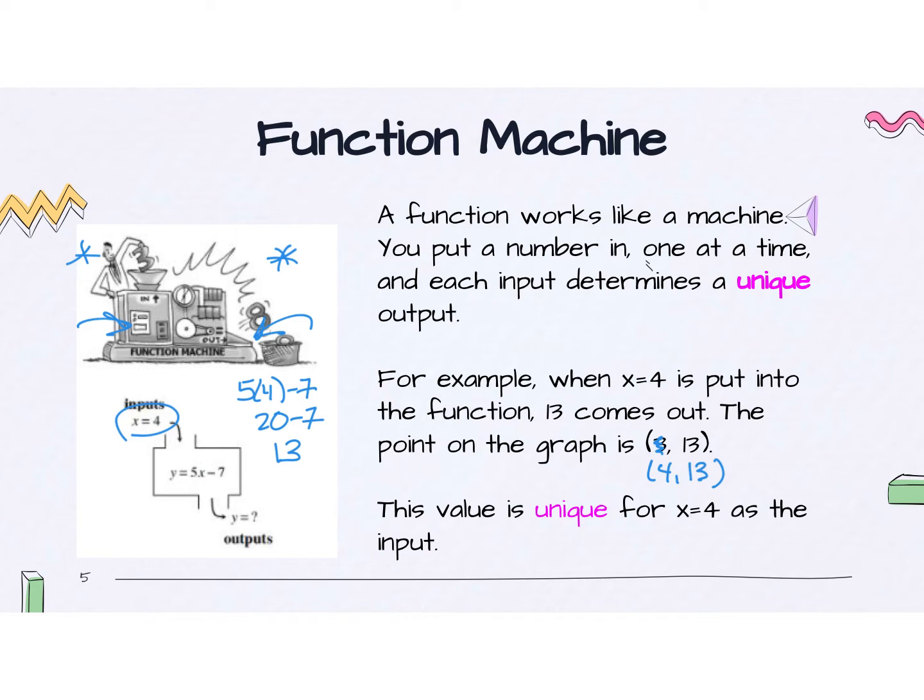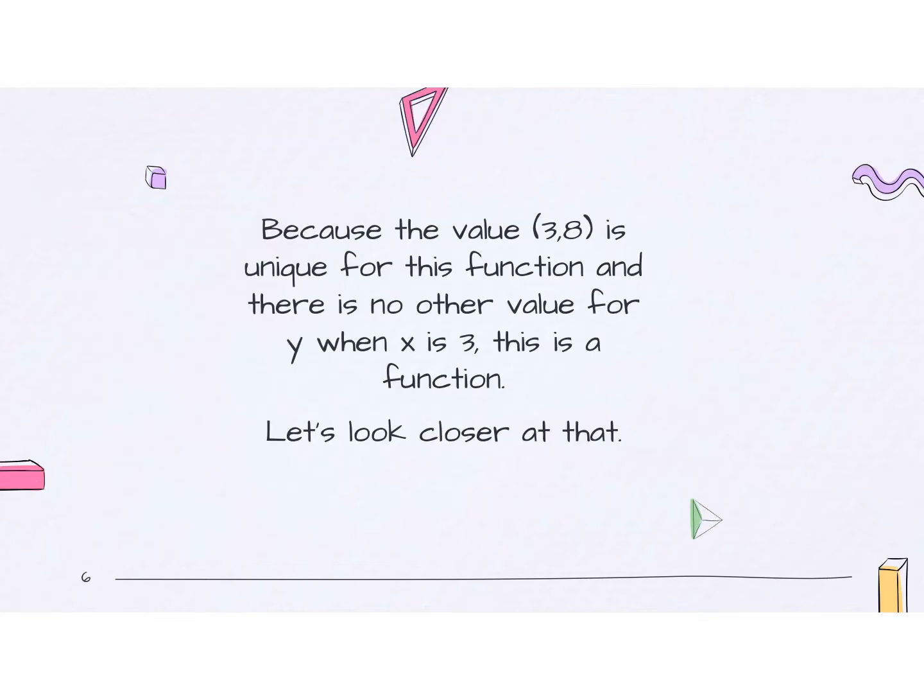This is the unique value for our function when x is equal to 4. All right, moving on. Because the value is unique for this function, and there are no other values for when x is equal to 4, this is a function.